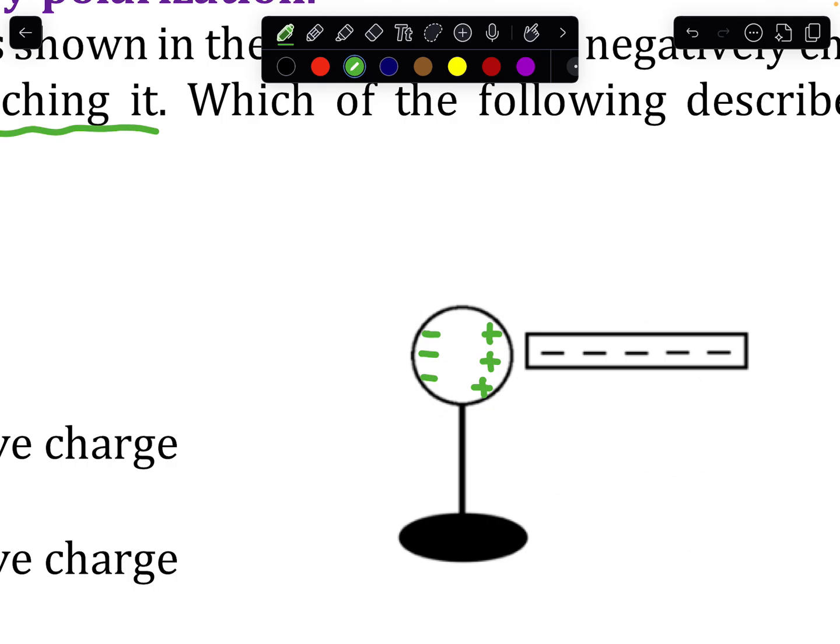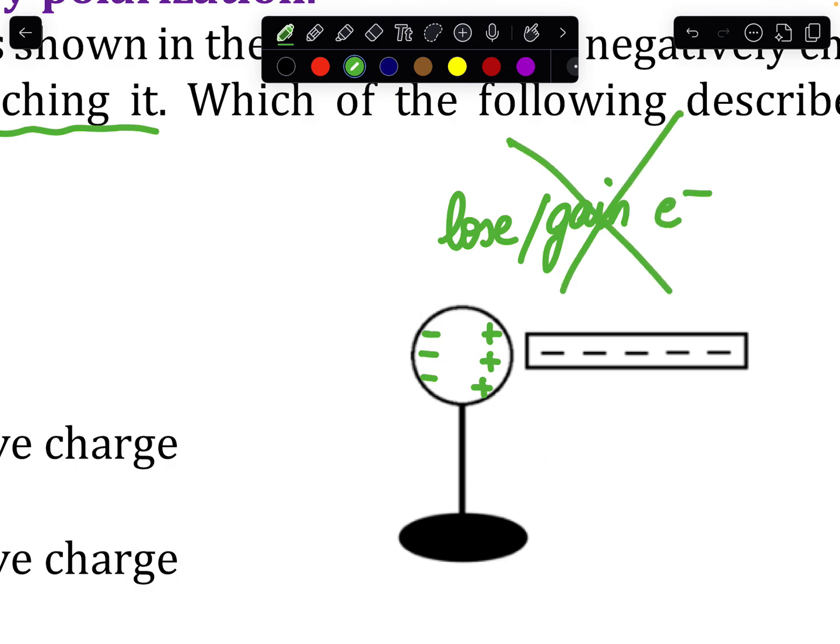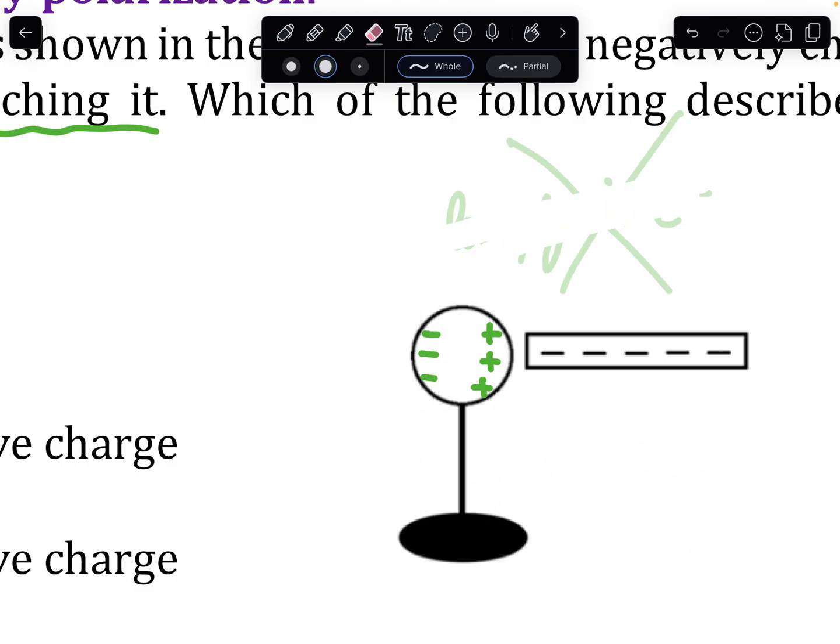This is what I call polarization. So I have two poles, that's it. But did the sphere lose or gain electrons? No. So basically it's going to keep having zero charge.